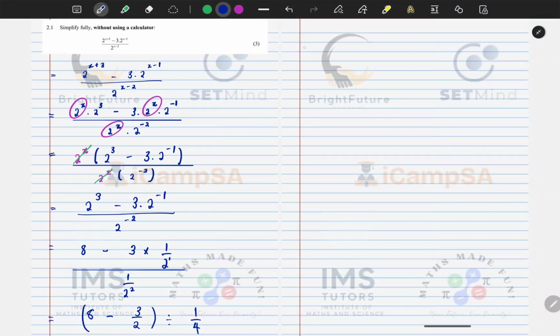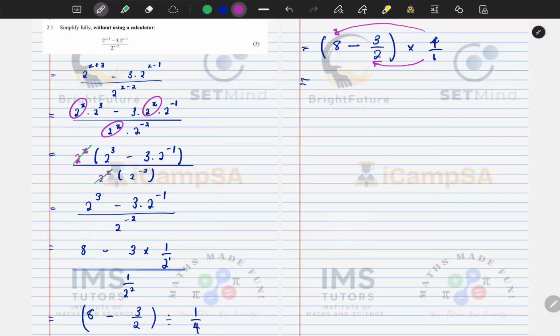So now we move on to the other side. We still have 8 minus 3 over 2, which is going to be times 4 over 1, because we are changing the sign when dividing. So now we are going to distribute in the brackets and multiply this and that.